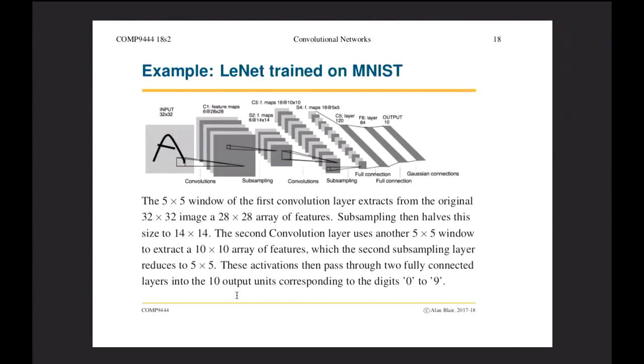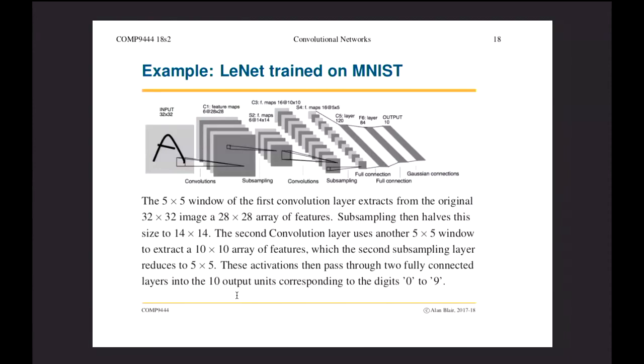And the other thing to note is it's quite common that as you move through the network, the size of each filter shrinks, but it's common that the number of filters increases, right?